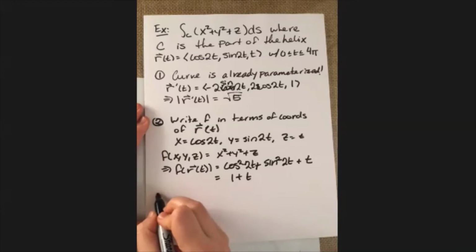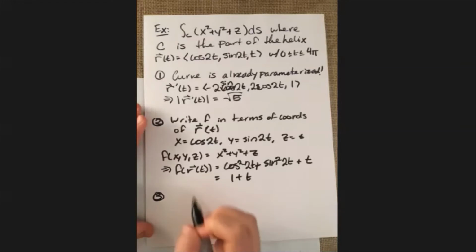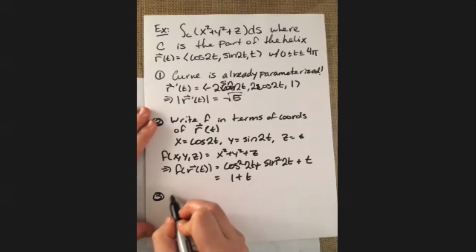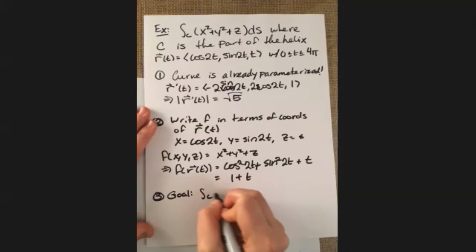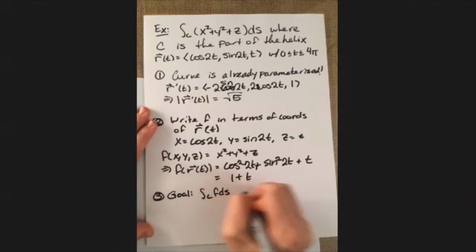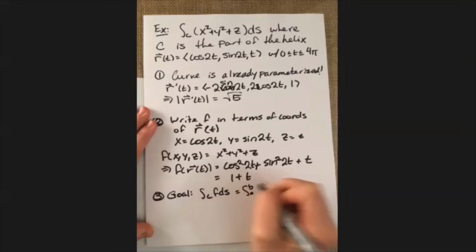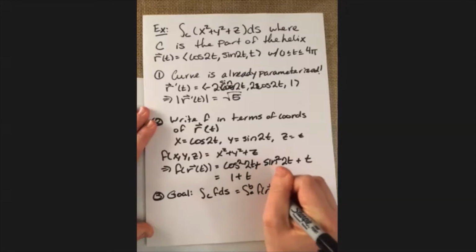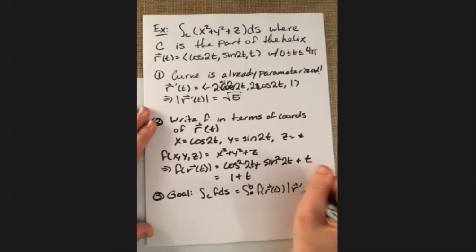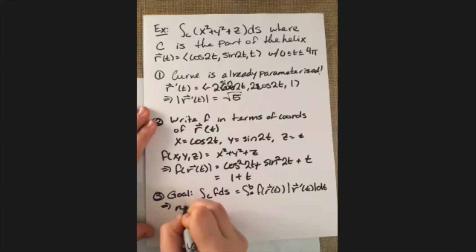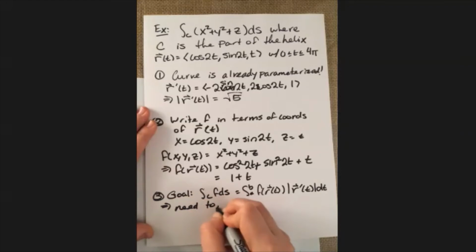Now, step 3, remember that we want to plug. Our goal had been to take the integral over C of f ds and write it as an integral from a to b of f of r of t times the length of r prime of t. We need to plug pieces in.